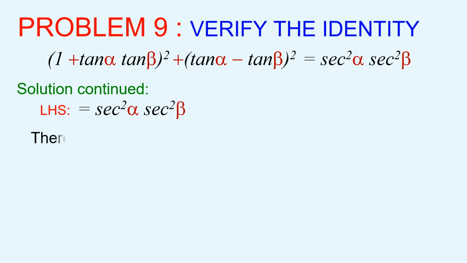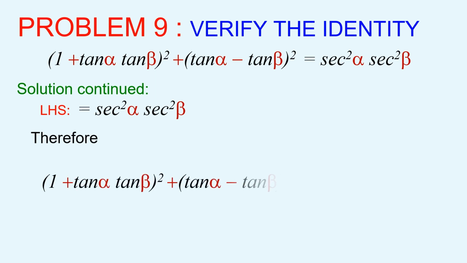Now we have on the left hand side square of secant of alpha multiplied by square of secant of beta. Therefore we get the result.